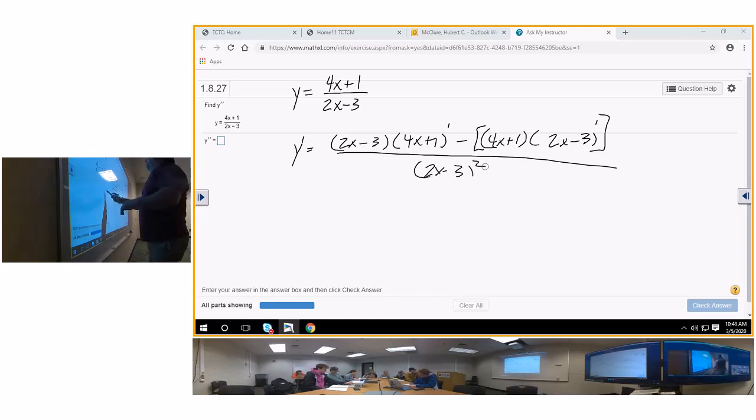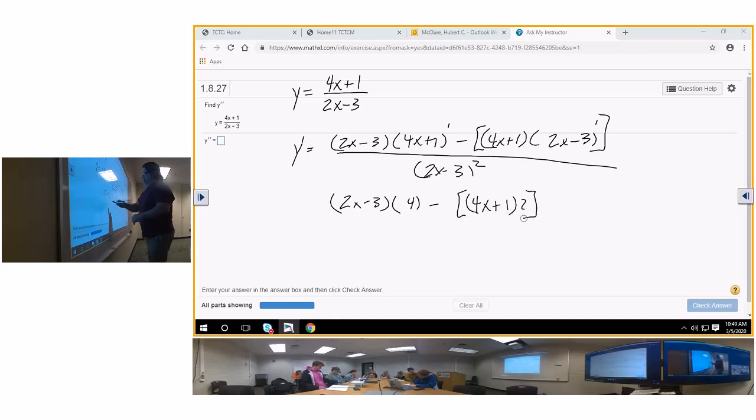And that's going to be (2x minus 3) times 4 minus (4x plus 1) times 2 over (2x minus 3) quantity squared.